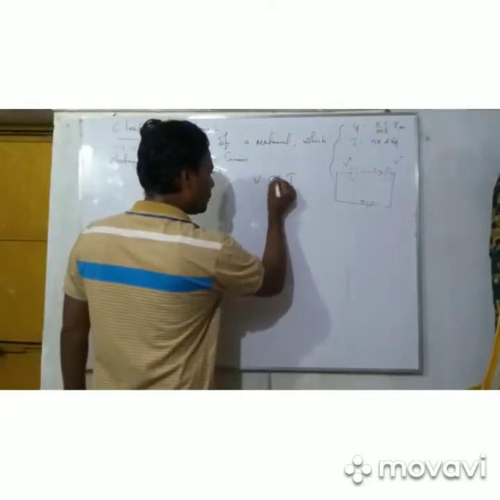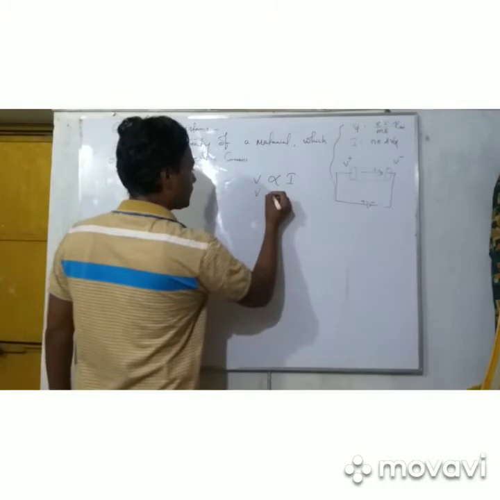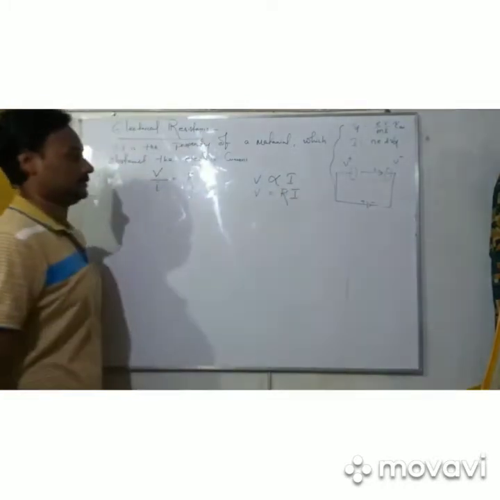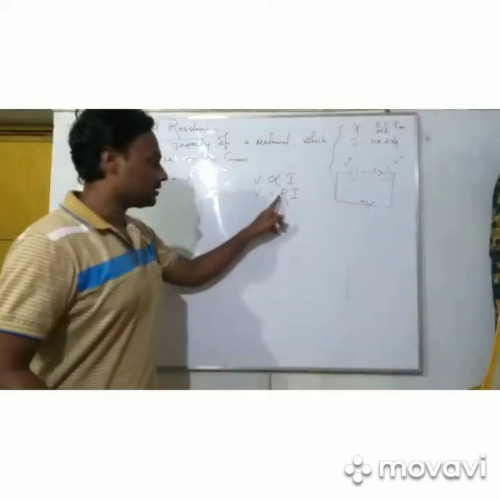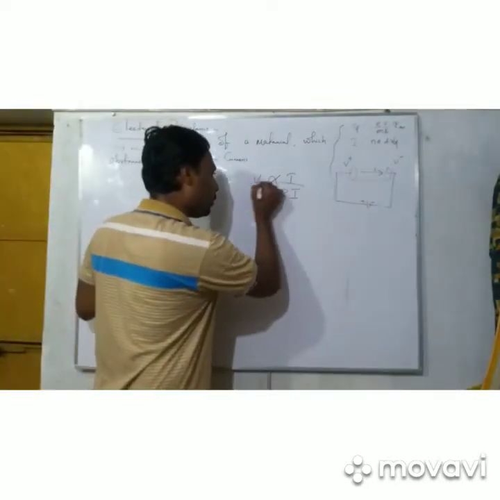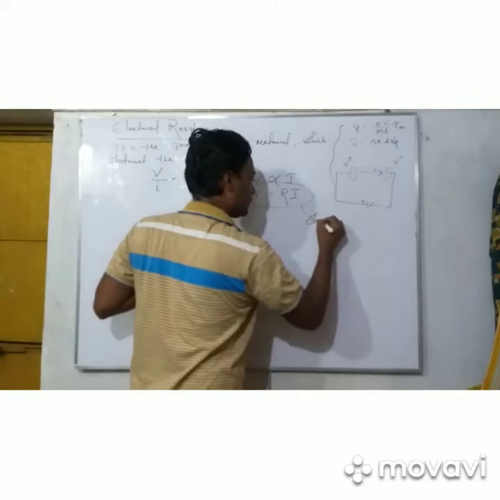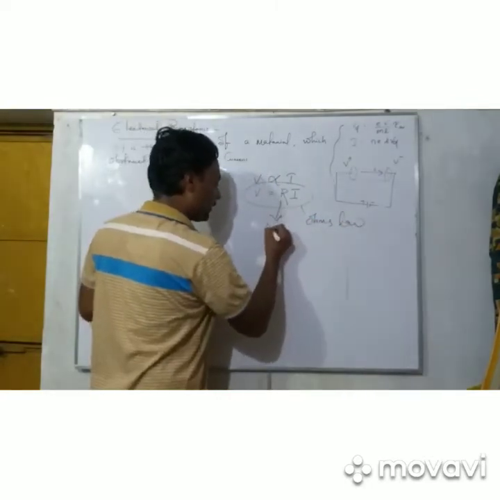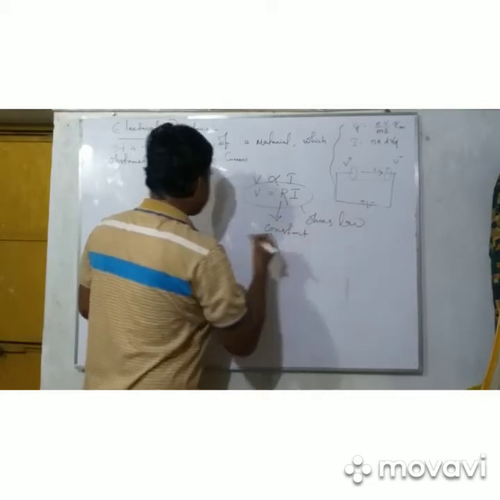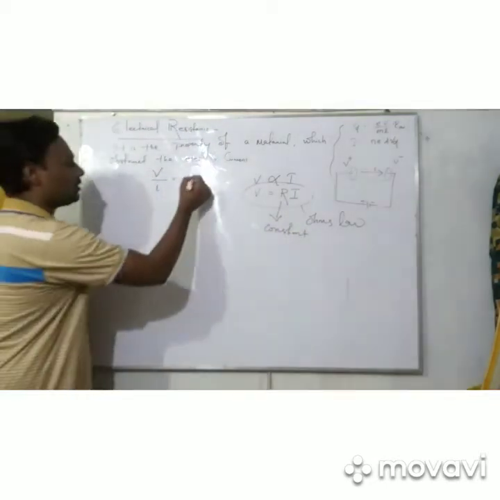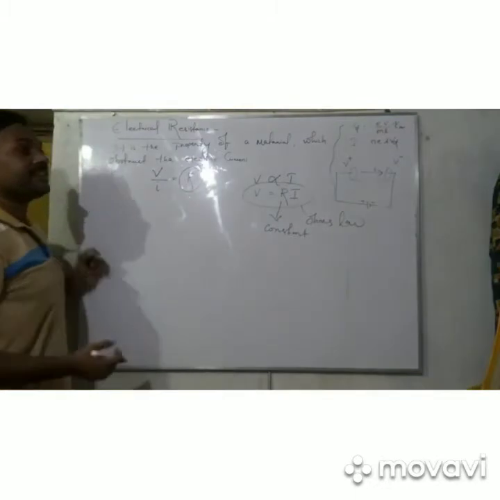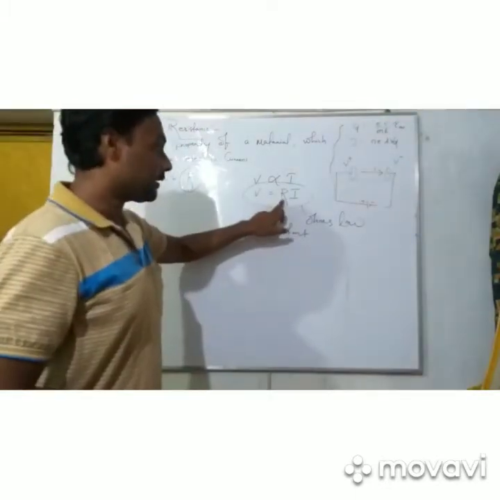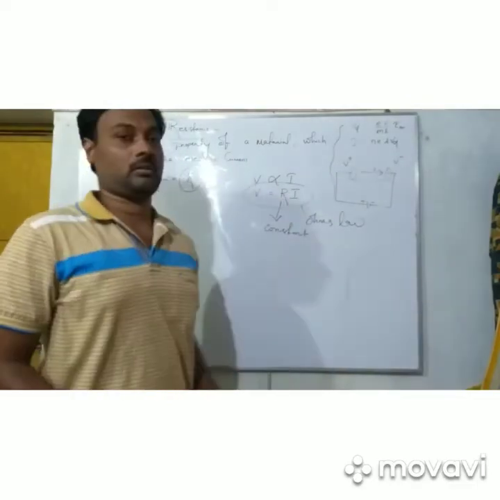If you remove the proportionality, we use a constant quantity, which is represented as R. So in Ohm's law, R is always constant. But in general, R is not constant; it is different in different types of material. R remains constant only in Ohm's law.